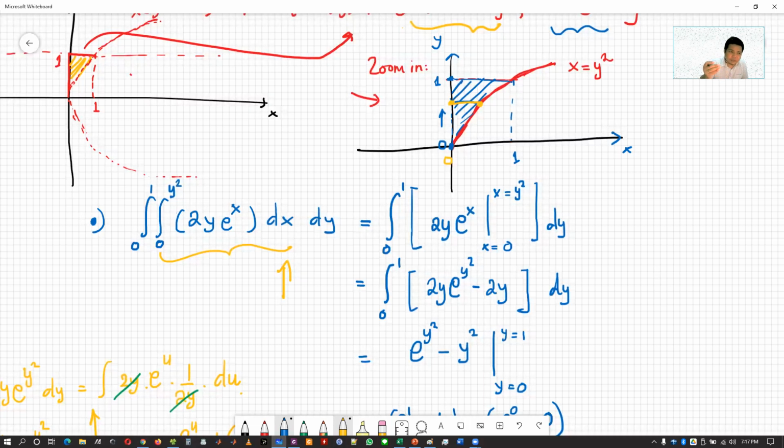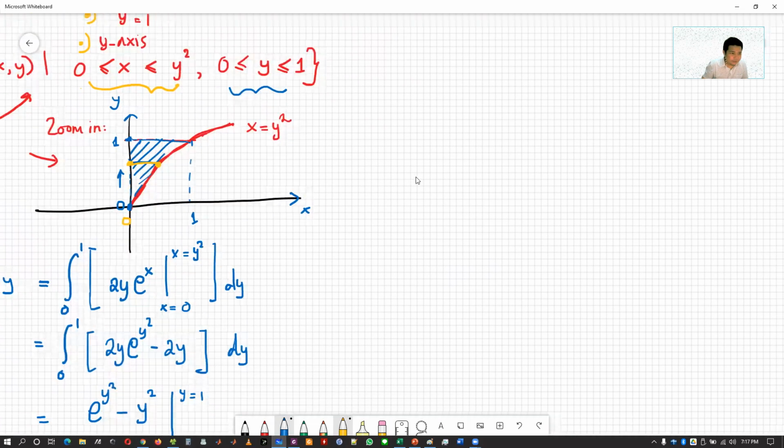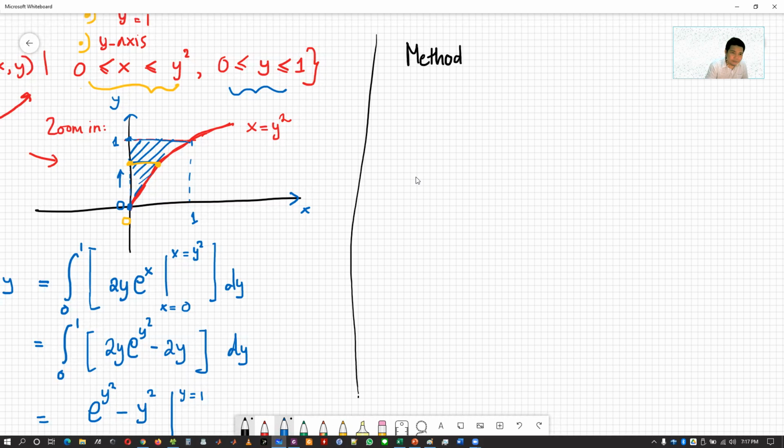We will calculate it in y first and then x. Let us concentrate on these figures. Method number 2. Let's call it method 2. What is the method?